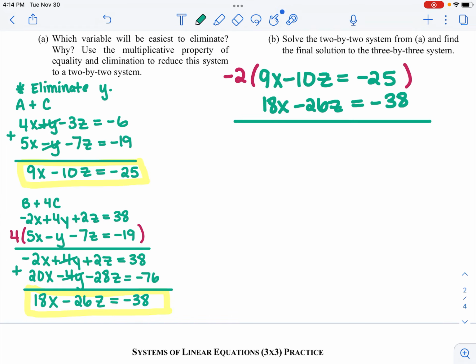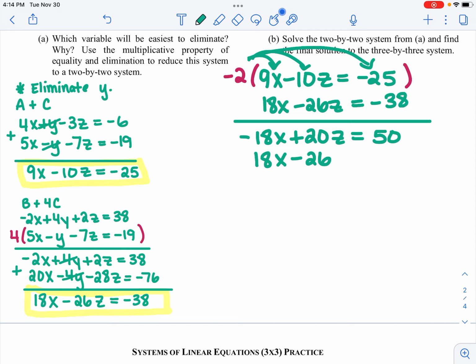Okay, so distributing the negative 2, I would get negative 18x plus 20z is equal to positive 50. Again, that's distributing the negative 2 to all 3 terms in that equation. The second equation I'm not manipulating, I'm just going to rewrite it.